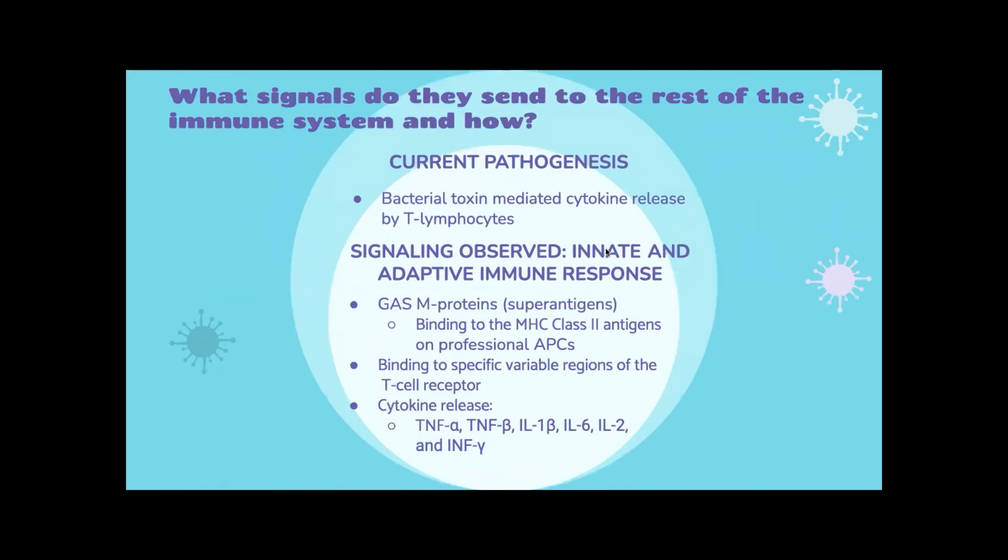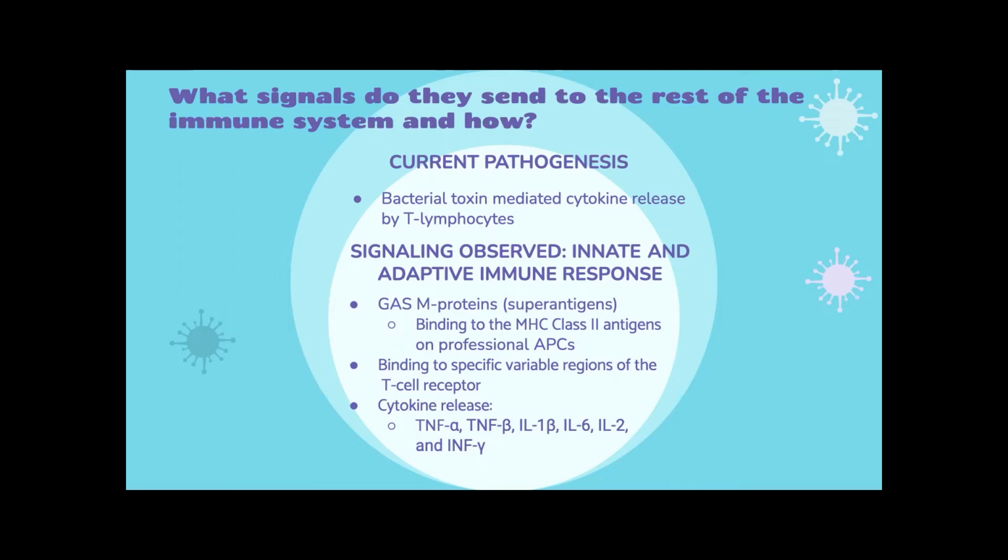Furthermore, some of the signals that are sent to the rest of the immune system are seen through the current pathogenesis that has been described in the literature. This has been further depicted through bacterial toxin-mediated cytokine release by T lymphocytes.